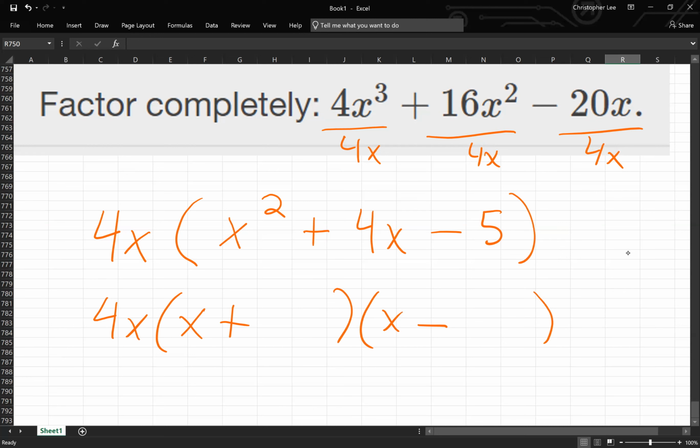The positive, right? Good. Because the b term is positive. So what are two numbers that multiply to give me 5? Five and 1, right? So this is going to be +5, -1. That's it. This is my full answer right here.